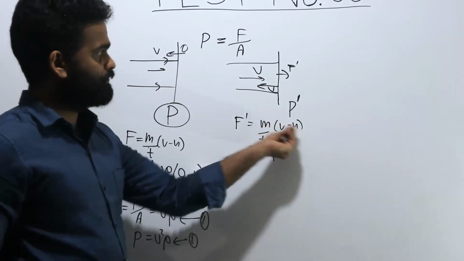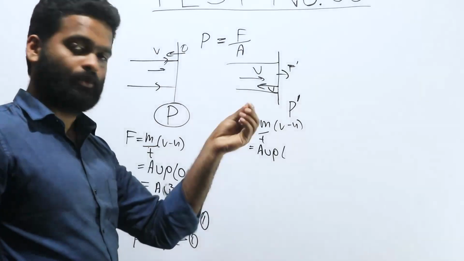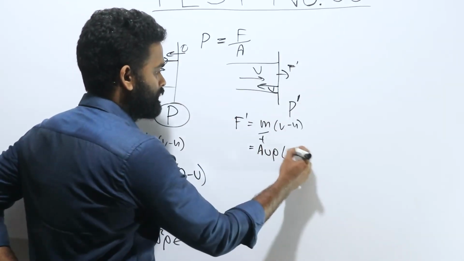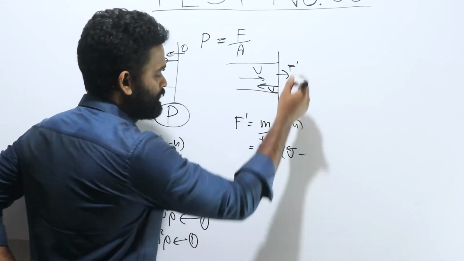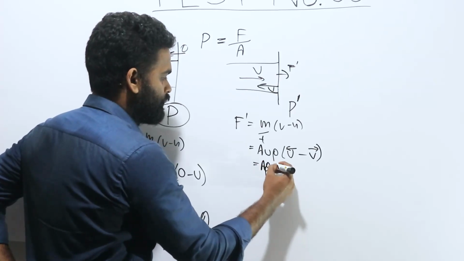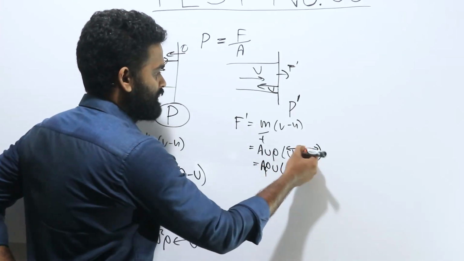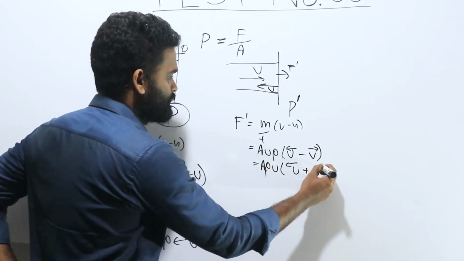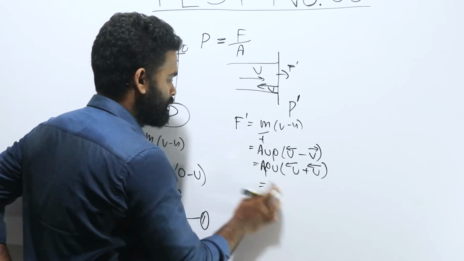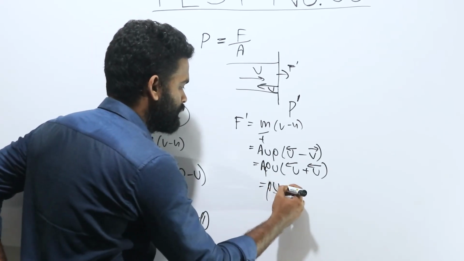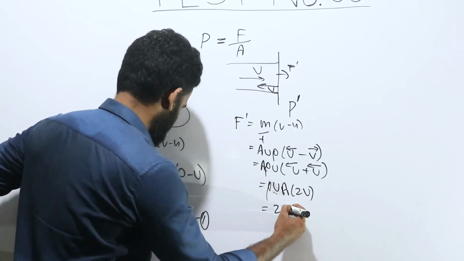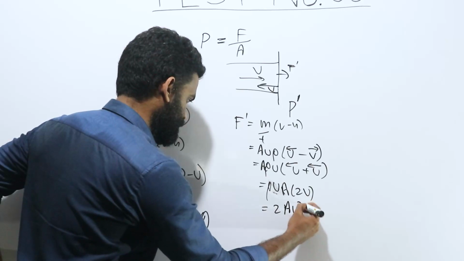But the change of velocity for the fluid: final velocity is to this side, initial velocity is to the other side. So A rho V times, changing the directions, V plus V, which becomes 2V. So this should be A rho V times 2V, which is 2 A V square rho.